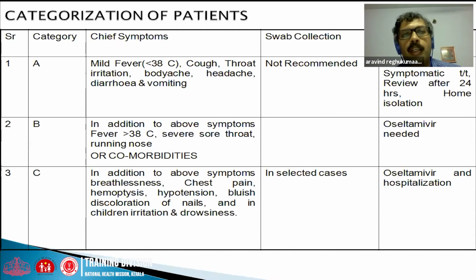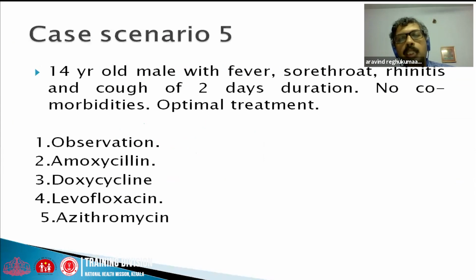They are already familiar with the influenza categorization. The category says that if the patient has a mild fever, as in this case, it is category A. Mild fever is category A, so it does not require testing and does not require Oseltamivir. What this patient requires is close observation for development of red flag signs, not antibiotics.